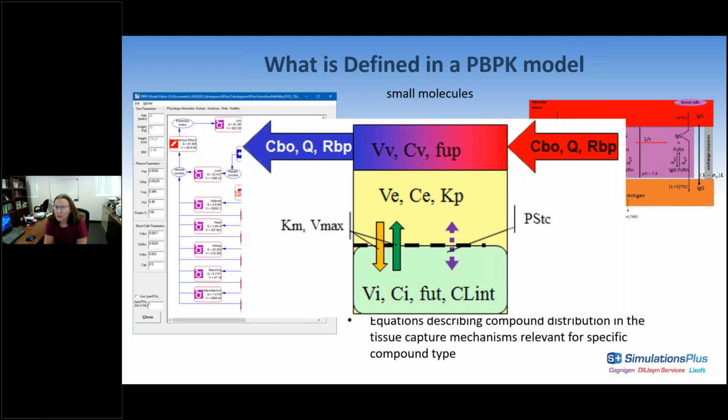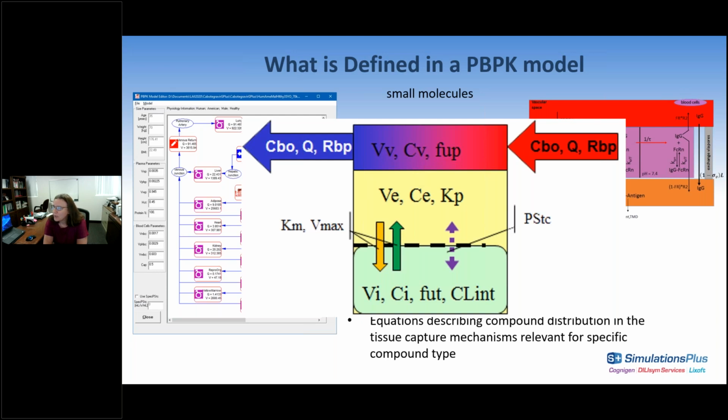So when we talk about small molecules, this is where the distribution between the blood and the extracellular tissue space usually is not a major concern. The pore sizes between the cells in the endothelial wall are big enough for small molecules to freely diffuse, so we usually have a very quick partitioning between the blood and the extracellular tissue space.